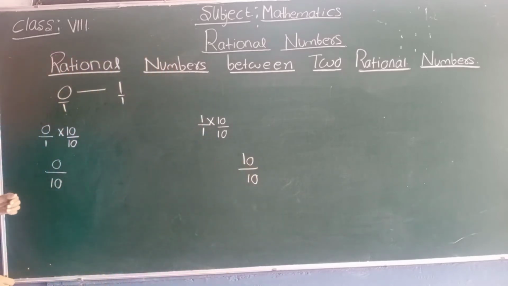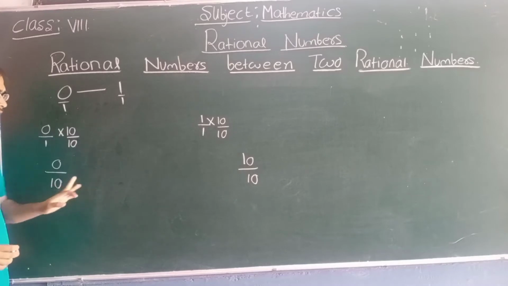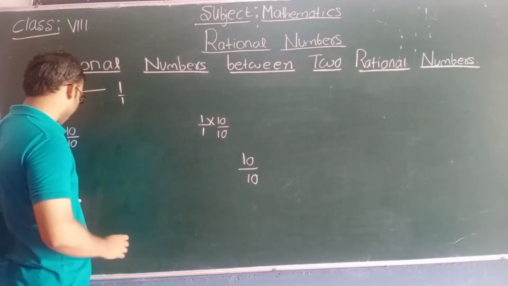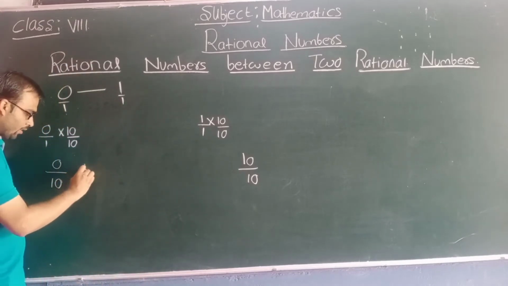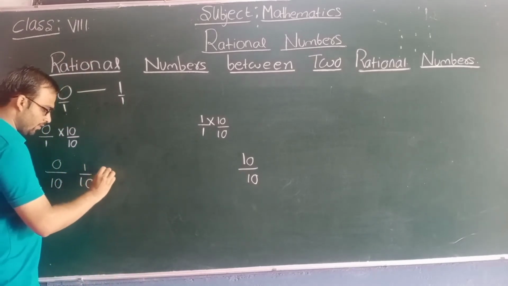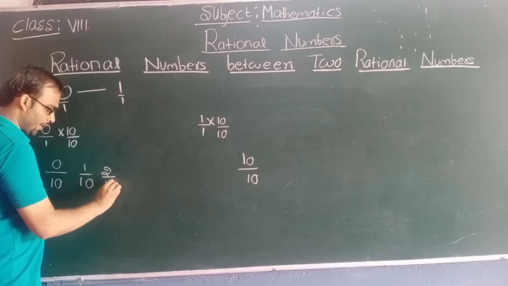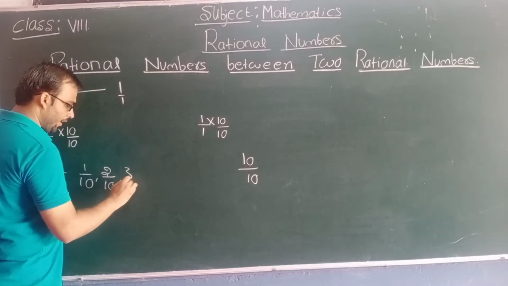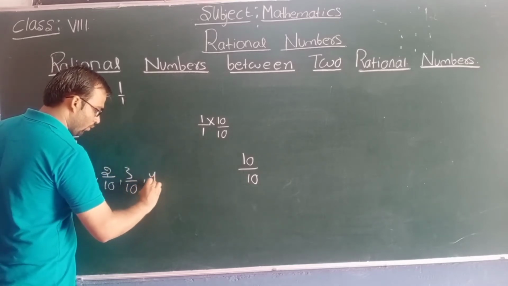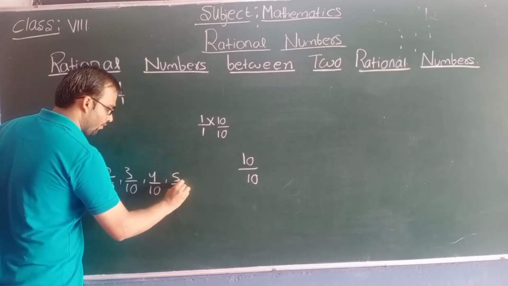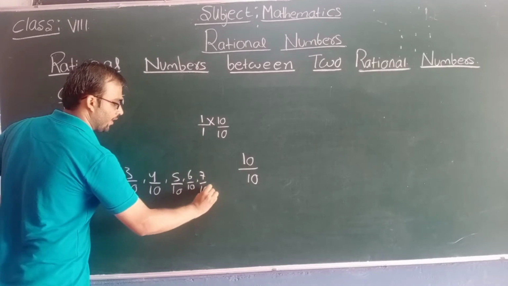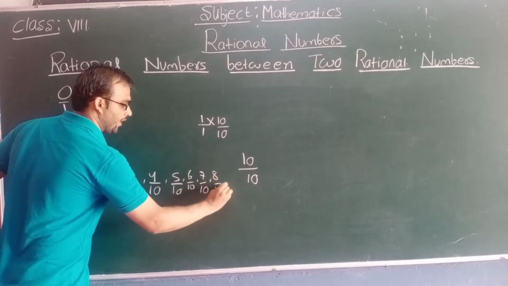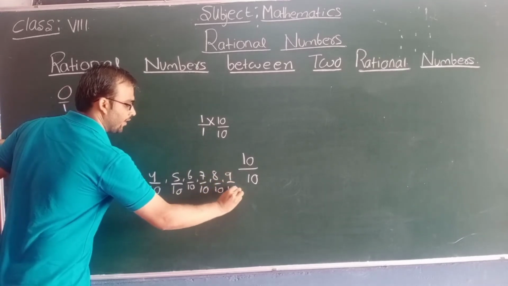Look at here, students. As the denominator is the same, here you can write 1 by 10, 2 by 10, 3 by 10, 4 by 10, 5 by 10, 6 by 10, 7 by 10, 8 by 10, 9 by 10.